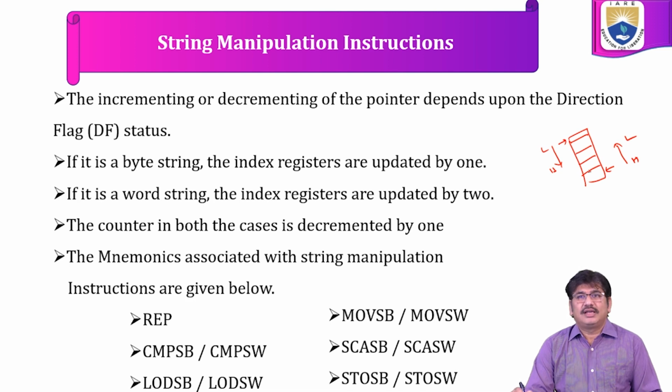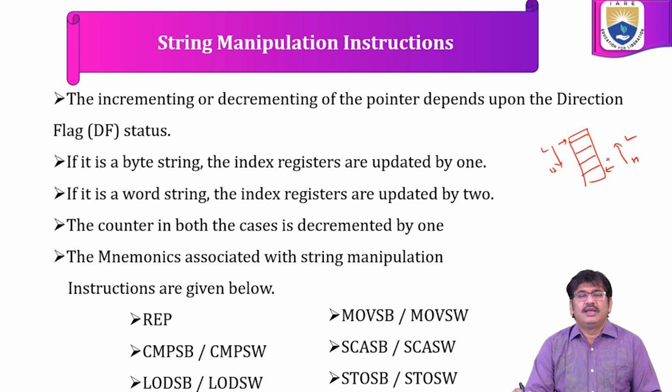The mnemonics associated with string manipulation instructions are given below. REP, MOVSB, move string byte, MOVSW, that is move string word, CMPSB, compare string byte, or CMPSW, compare string word.